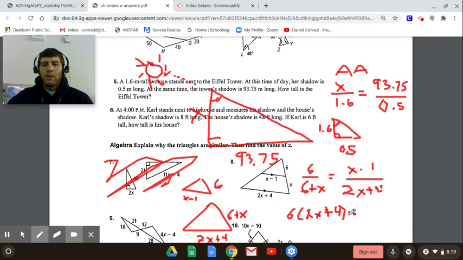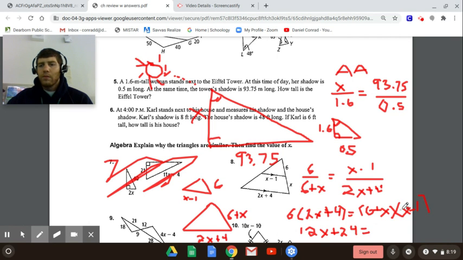And then you multiply this out, you're going to have 6 plus x, and then x minus 1. You're going to have to distribute, so 6 times 2x is going to be 12x. 6 times 4 is going to be 24.